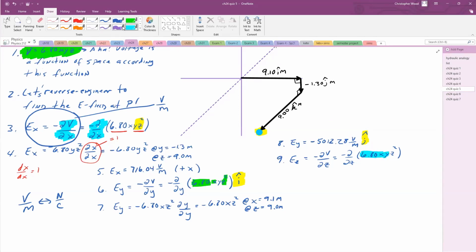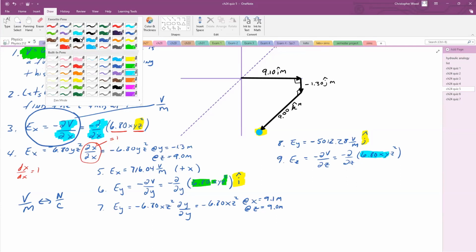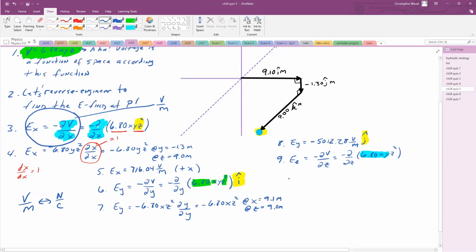So if I bring my constants out of the derivative, I have EZ equals negative 6.80 times x times y, partial of z squared with respect to z. And I have my expression that I can plug into.